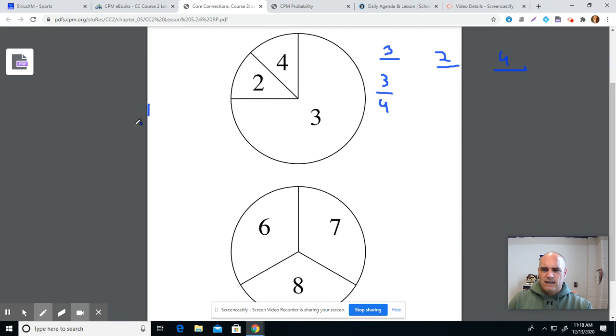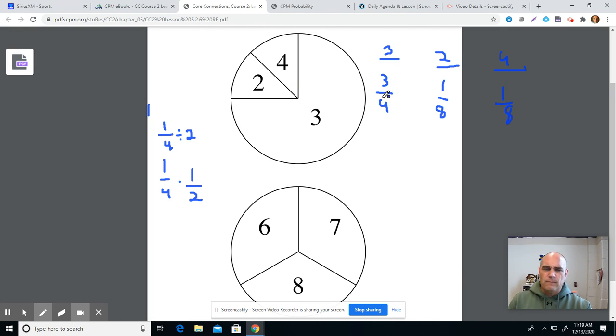So if I take 1/4 and I split it in half, because that's 1/4 of the wheel, and I split it into 2 equal pieces, I get 1/4, keep it, change it, flip it. I think that gives me a 1/8 chance of getting a 2 and a 1/8 chance of getting a 4.